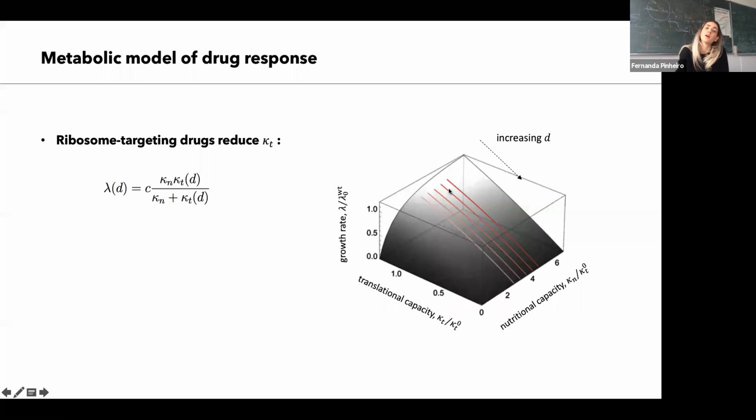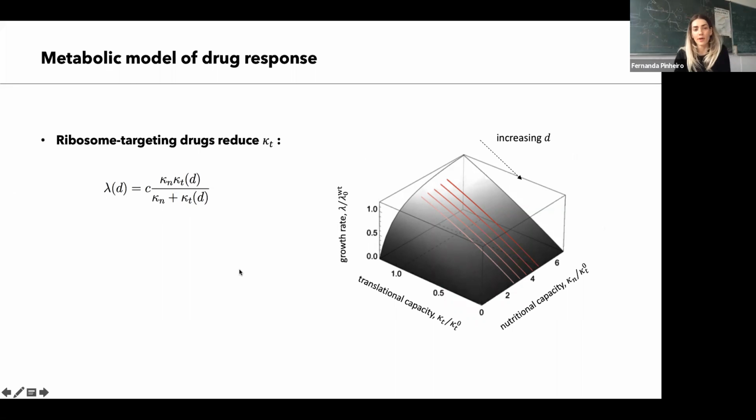So you can just go back to our growth prescription and now describe the drug dependence on growth in the same way, but our translational capacity becomes an object that depends on the drug concentration. The only problem is that we don't quite know what this expression, this prescription, is.